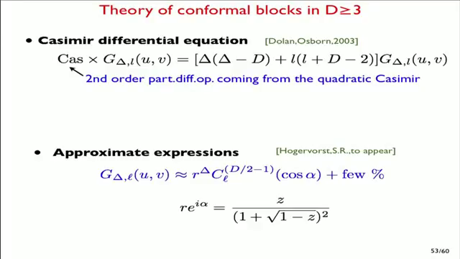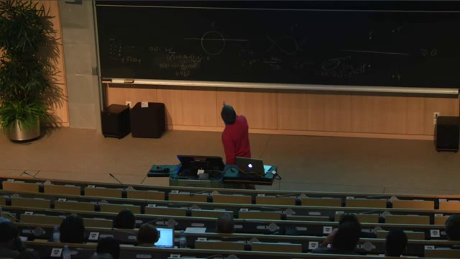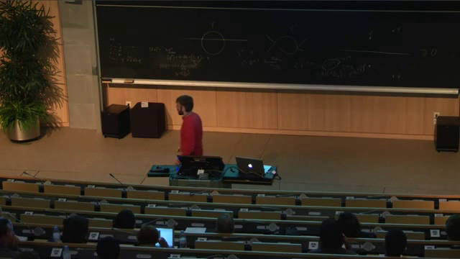So this is what I said. Actually, the best way to obtain these conformal blocks is to observe that they satisfy a second-order partial differential equation. The operator in this partial differential equation is the Casimir operator of the conformal group.